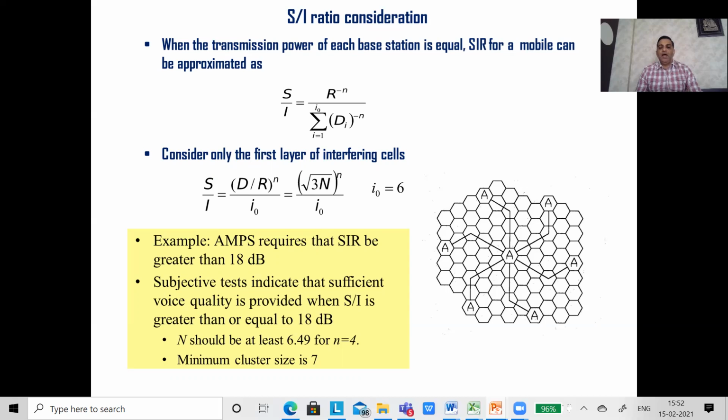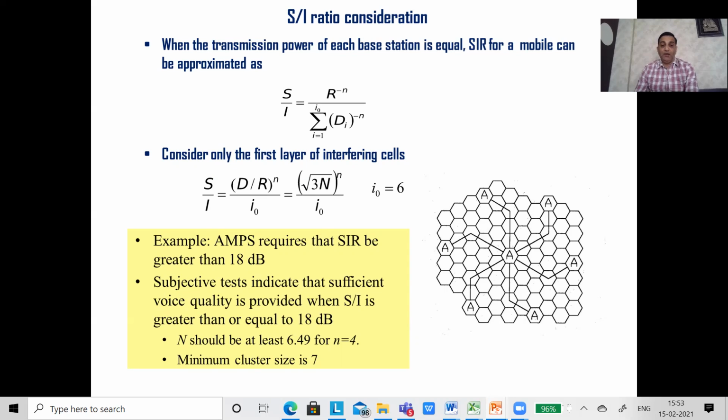So N should be at least 6.49 for n equal to 4, and minimum cluster size is 7. So how do you calculate the minimum cluster size for the given value of S by I, which is mentioned as 18 decibel? We can make use of the above mathematical expression to solve this problem. So here it is mentioned that minimum cluster size required is 7.